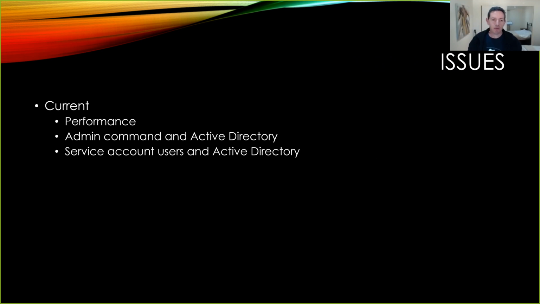So the core things that we've been trying to address just recently with the updates for 3.17 are in a couple of spaces. So there's some performance things that have repeatedly come through, and these relate to when users log on, there's frequently significant lag between when they sign in and when they actually get to the UI, because in the background we're talking to Active Directory.